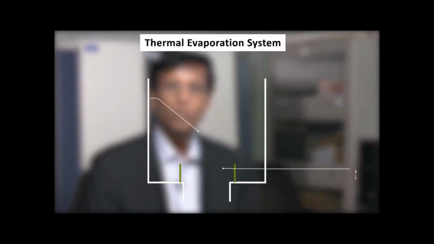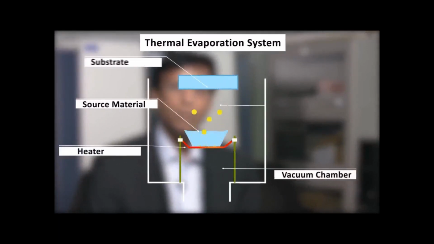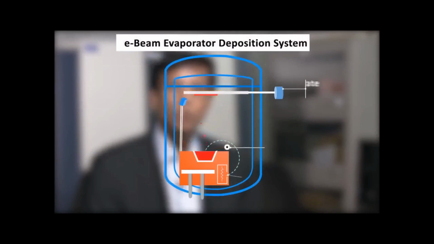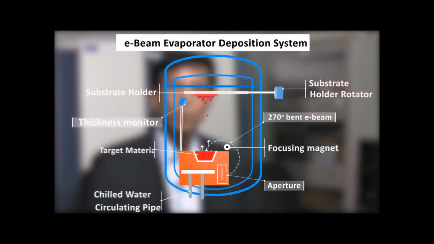In the thermal deposition system, the material is evaporated by resistive thermal heating, whereas in the electron beam evaporation system, the material is evaporated by heating through an electron beam.